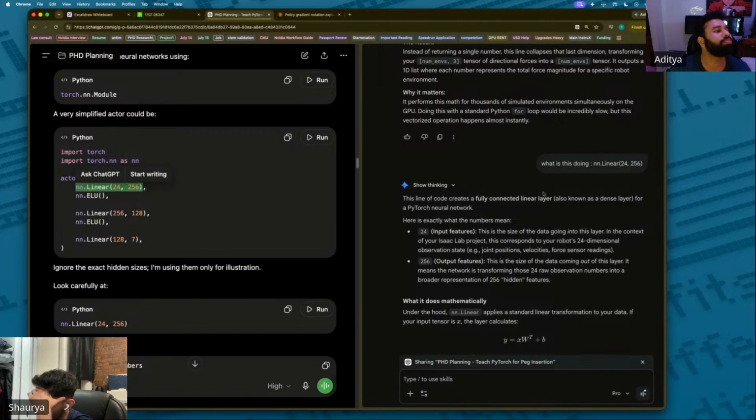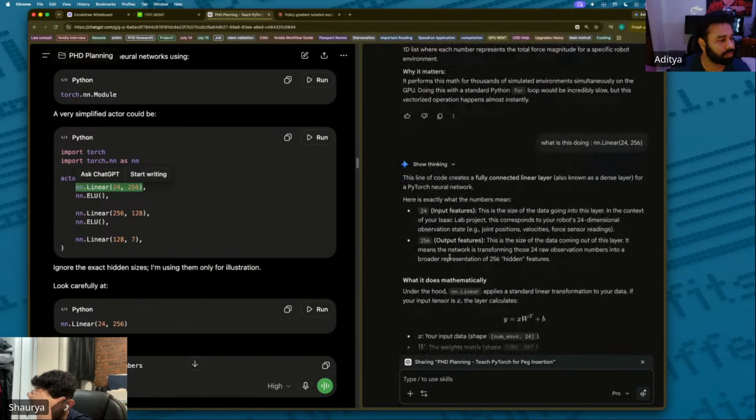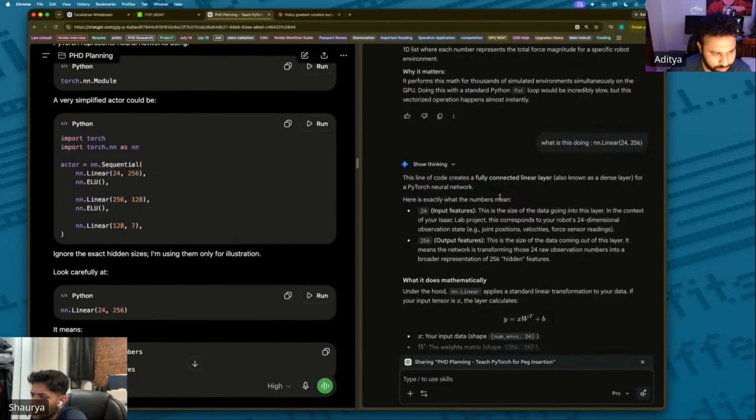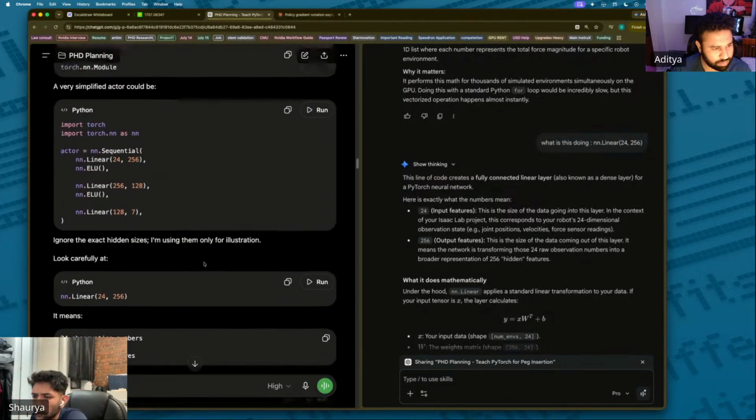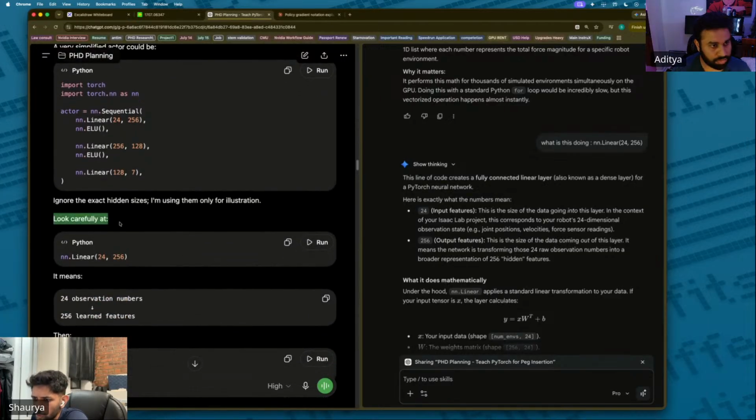I'm just reading this in linear. Oh, okay, it's saying, look carefully. nn.Linear means 24 observation numbers, 256 learned features.